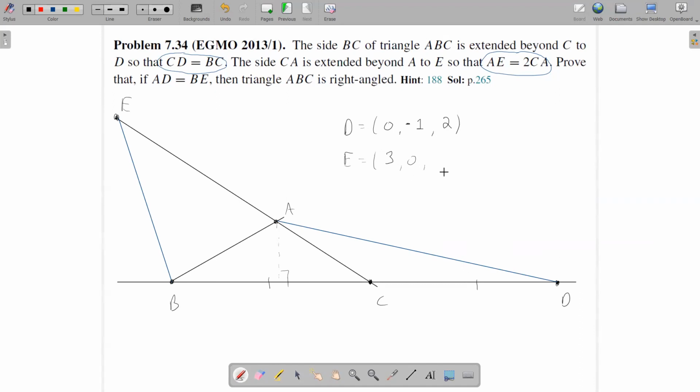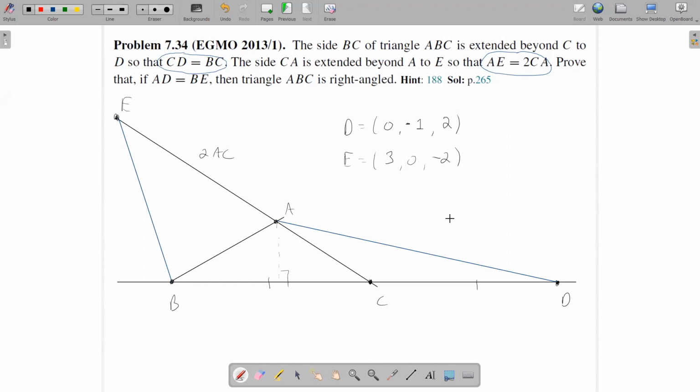And so this area will be 3 times as much. And if you look at ABE, then since this is double AC, this area will be double the area of ABC. But since E and C are on opposite sides of line AB, this will be -2.